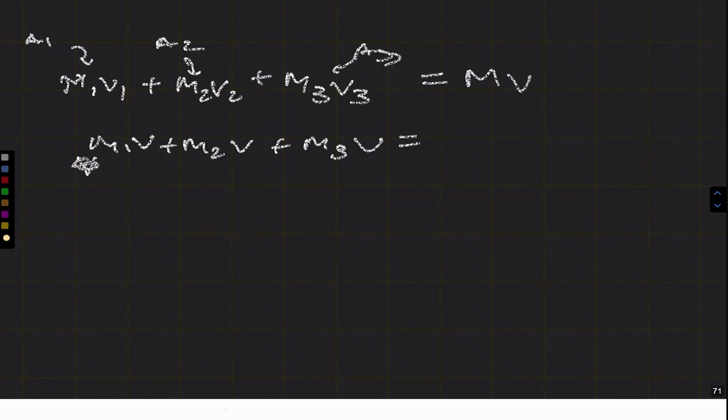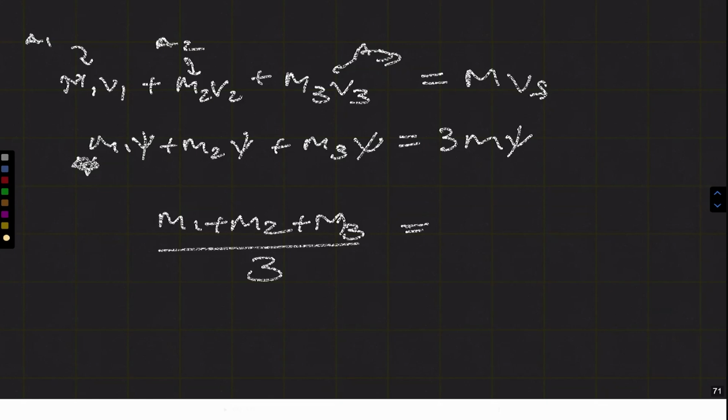Because you're adding three equal volumes, the final V will be 3V, so 3MV. Now I can cancel V out, so (M1 plus M2 plus M3) by 3 will be my final M, right?